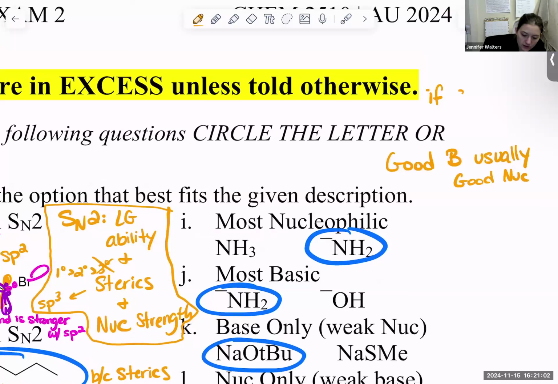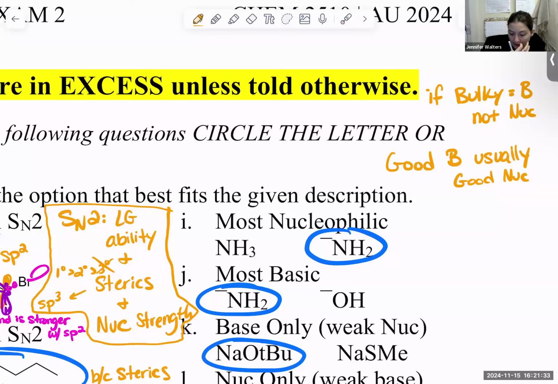If bulky, then you're base only, not a nucleophile, because nucleophiles care about the size of your whole molecule. It needs to be able to get at that site, at that carbon. So if you are bulky and sterically encumbered, then you're only going to be a base. You are not going to be a nucleophile.